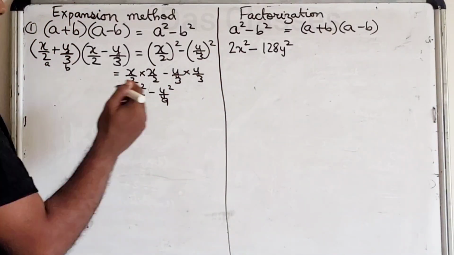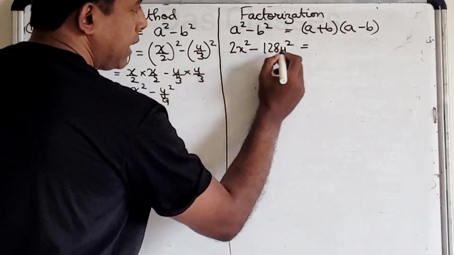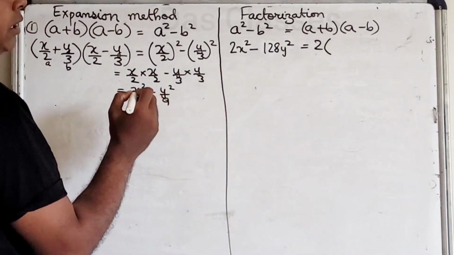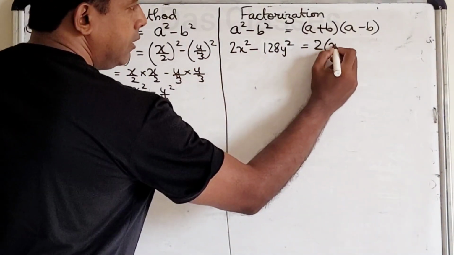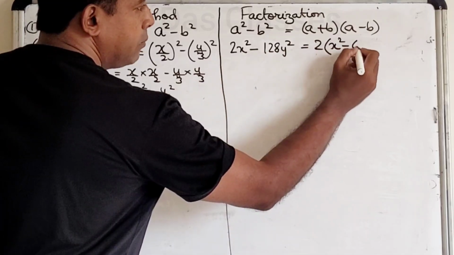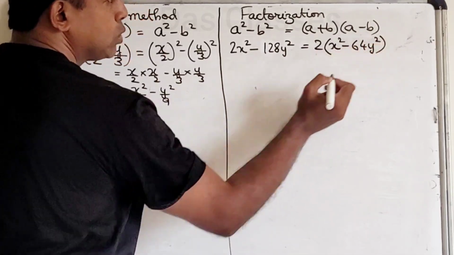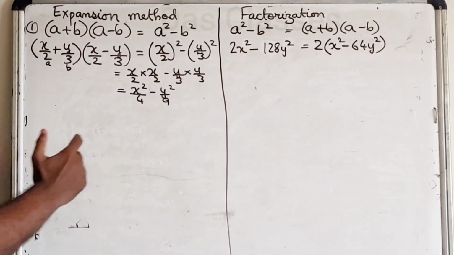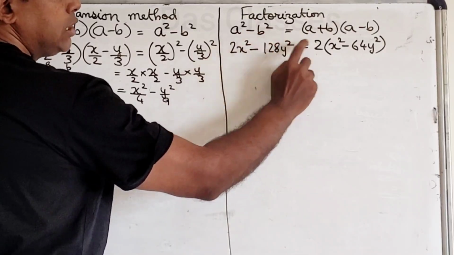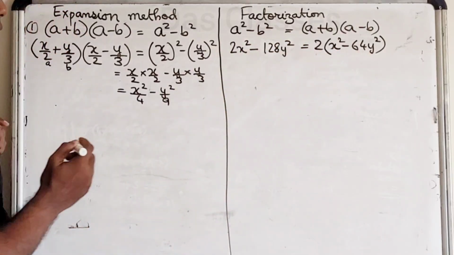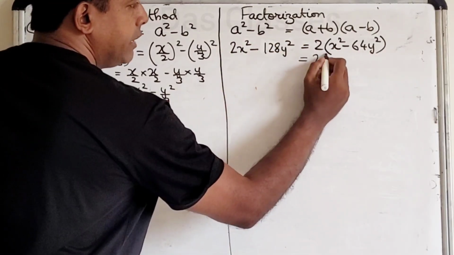So first we need to take out the common factor. As you can see, 2 is common, and what will remain inside is x square minus 64y square. Now look into this. It has become the formula a square minus b square, a perfect square. So how will we write this?